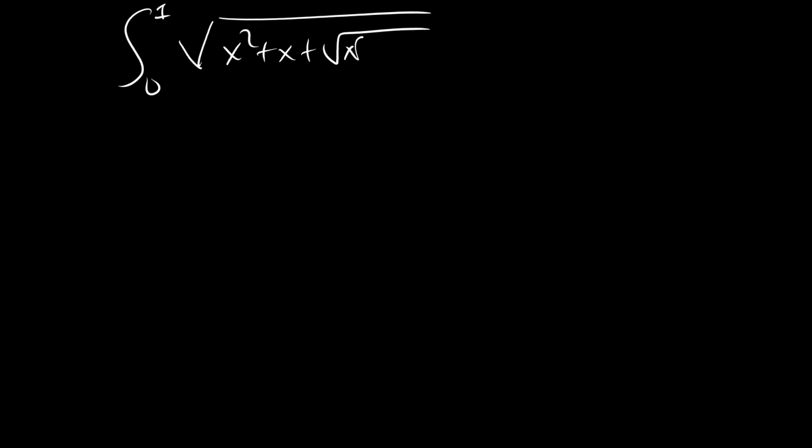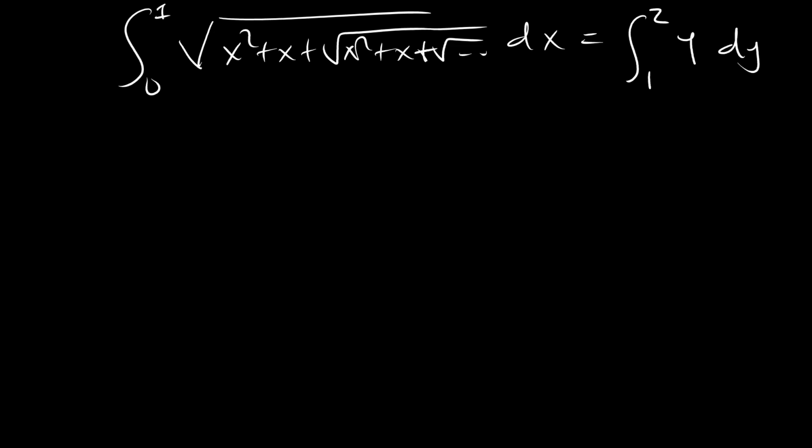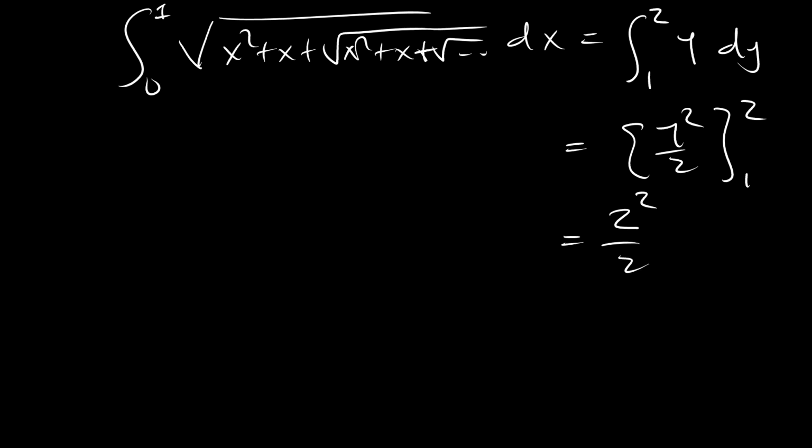And so what we see is that our problem, which is the integral of the square root of x squared plus x plus square root, is equal to the integral from 1 to 2 of y dy, which is equal to y squared over 2 integrated from 1 to 2, which means we have 2 squared over 2 minus 1 squared over 2, which is 4 over 2, which is 2 minus a half, which is 3 over 2.